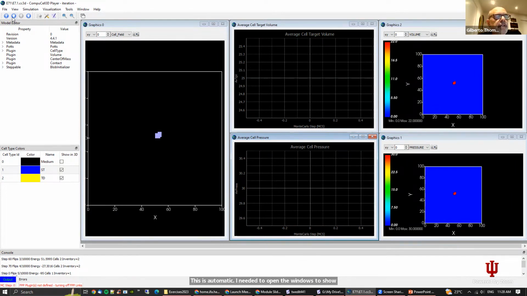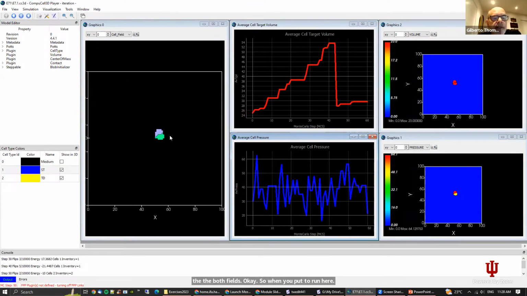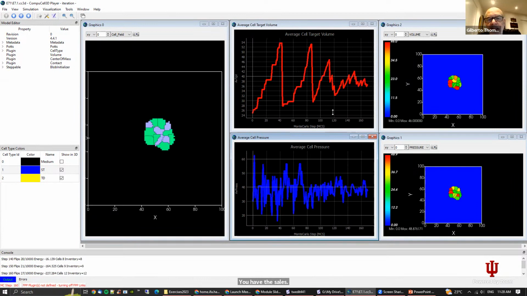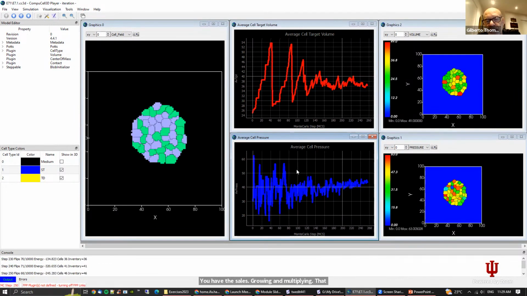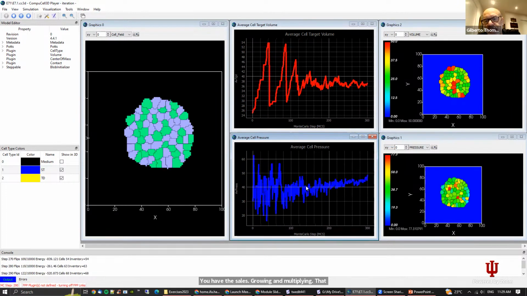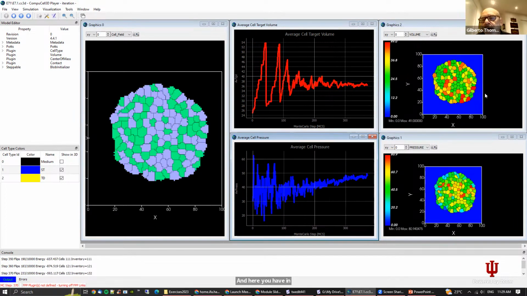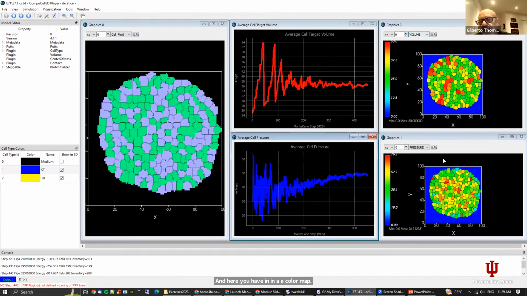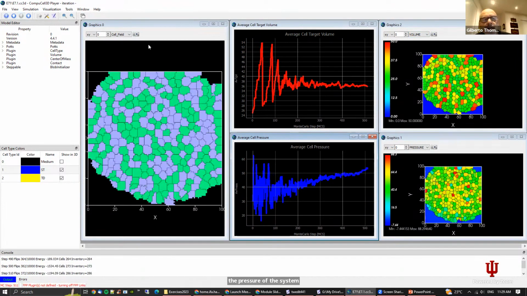Okay. So when you press run here, you have the cells growing and multiplying. There are two graphic windows, which you already know from the previous exercise. And here you have in a color map the volume and the pressure of each cell of the system. I pause the simulation to show you.